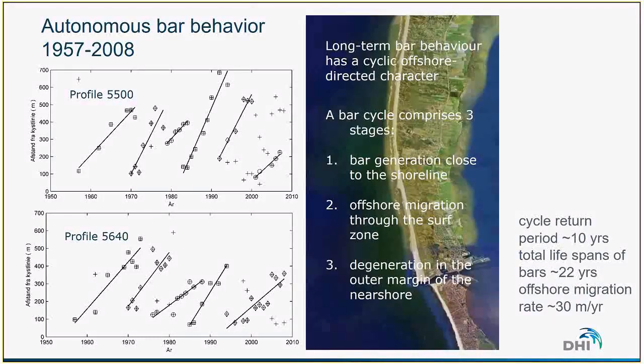And what we found thanks to this analysis is that the bars were following a relatively stable cycle. Here we can see the evolution in time of the distance between the shoreline and the offshore bar, and we can see that it's a relatively consistent behavior that has been identified in these two profiles.